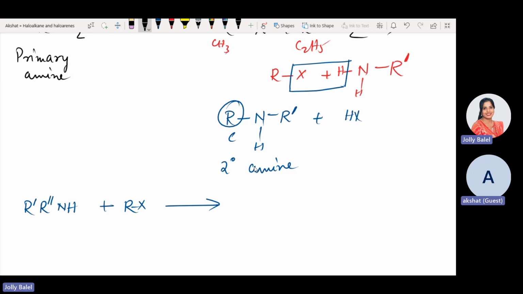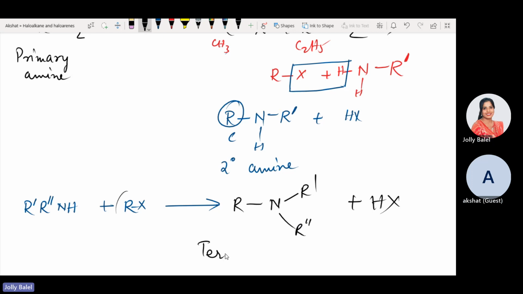So what is the degree of amine? Three degree, right? So your product will be R, N, R dash, R double dash plus H. So it results in your tertiary amine.